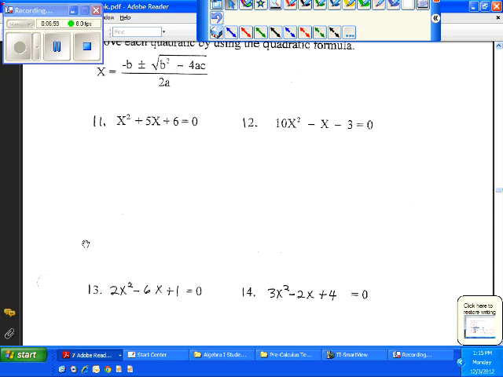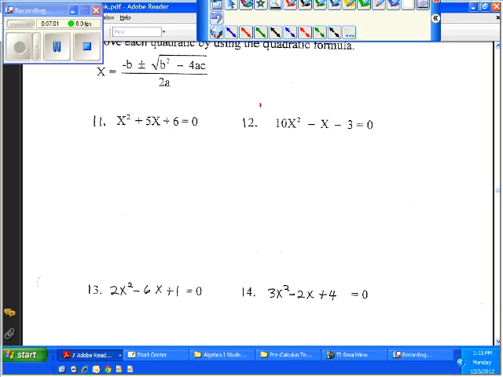Number 12. The a of the quadratic is 10. The b of the quadratic is negative 1. The c of the quadratic is negative 3. So we have x is equal to the opposite of b. B was a negative 1. So what's the opposite of a negative 1? Positive 1. Anybody see why that's a positive 1? The opposite of b.